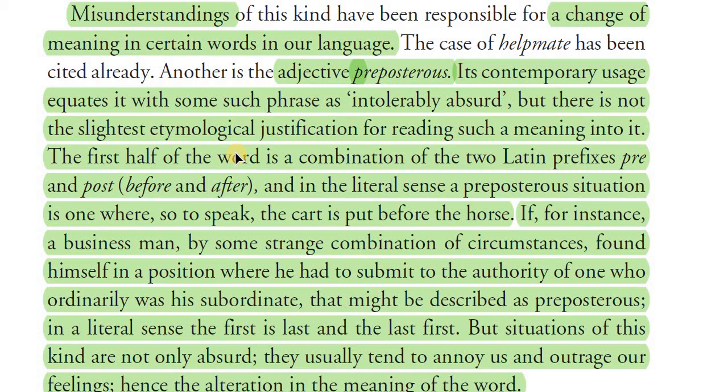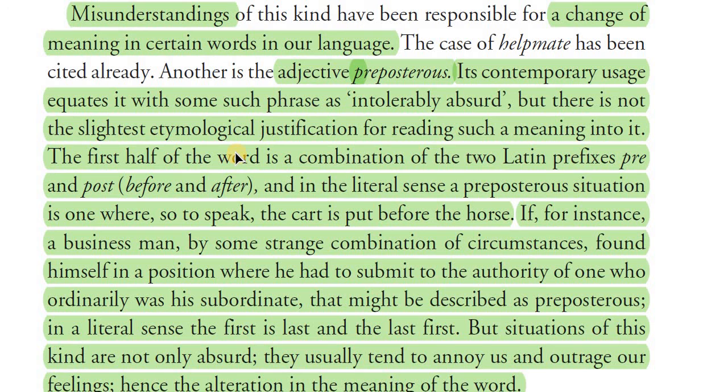Now, imagine a businessman. A businessman will always speak in an authoritarian manner to his subordinates. Now, suppose a businessman is asked to speak in a very submissive manner with his subordinates, then that can be considered as a preposterous situation, right?